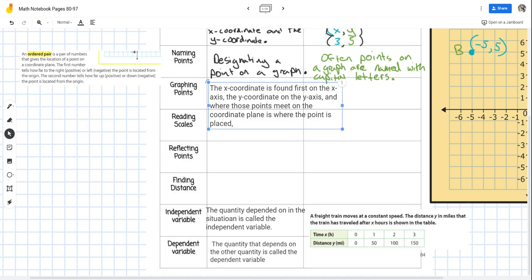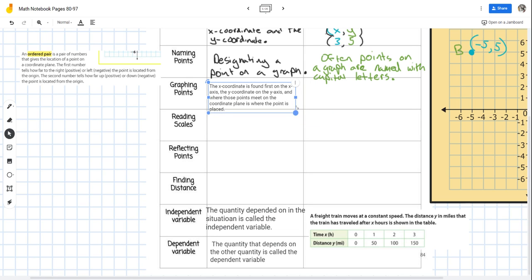There we go. Now that this is what I want it to say, I can make it a little bit smaller there. So the x coordinate is found first on the x-axis, the y coordinate on the y-axis, and where those points meet in the coordinate plane is where the point is placed.